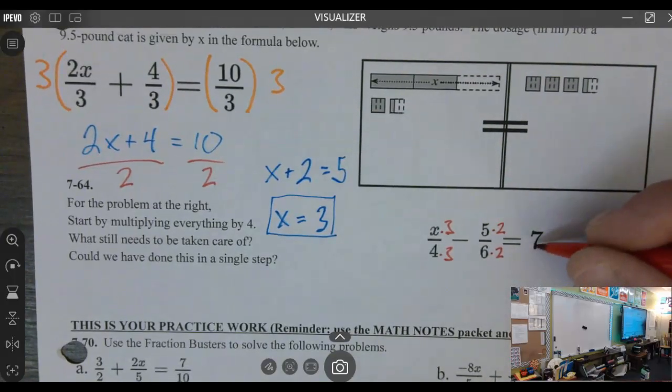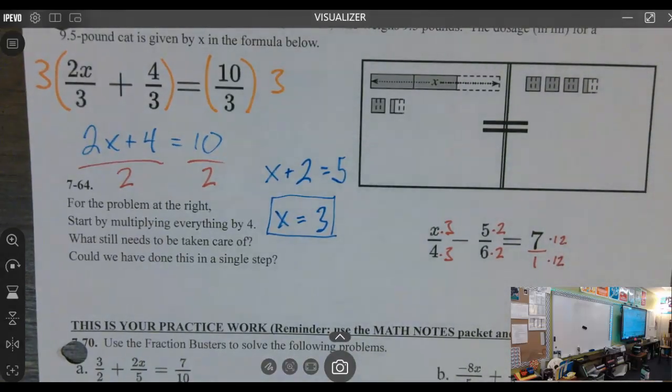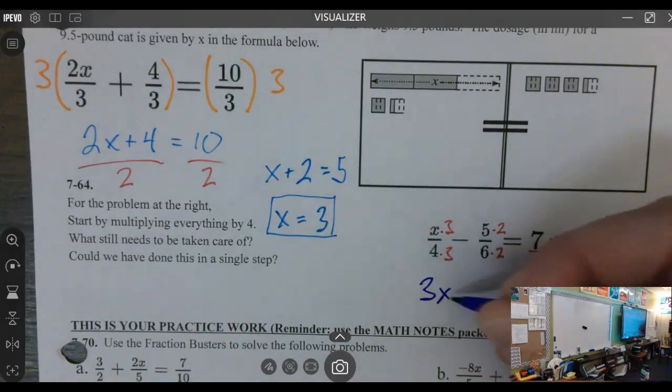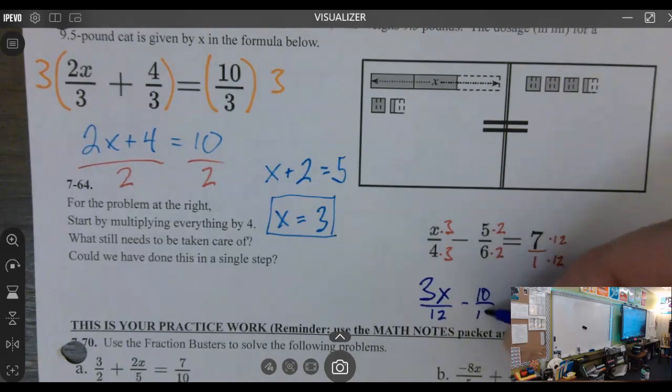And then my 7, I could make 7 go over 12. We get 3x over 12 minus 10 over 12 equals 7 times 12. Oh, come on. Somebody show off your mental skills.